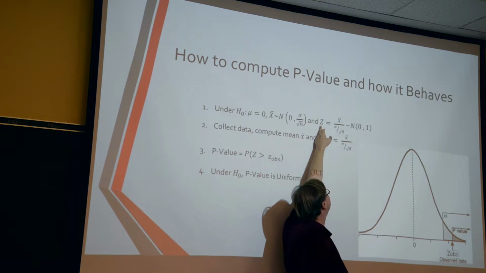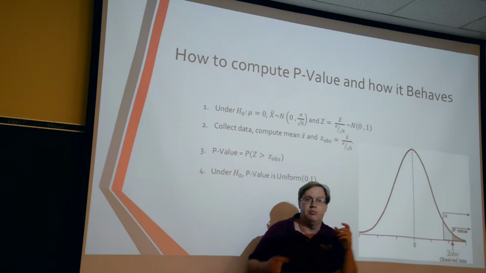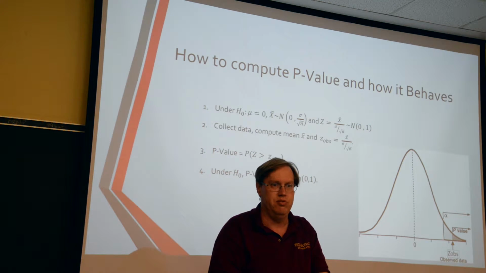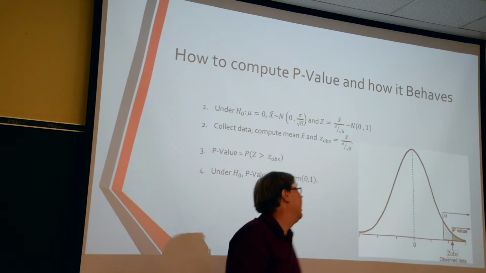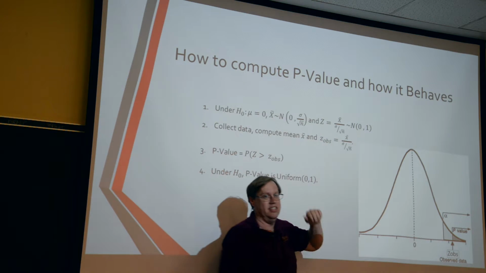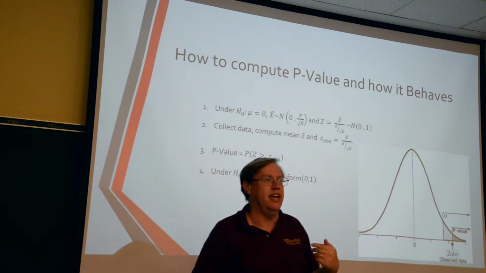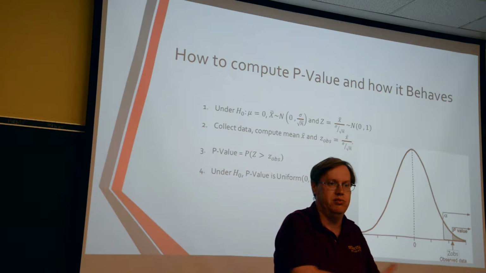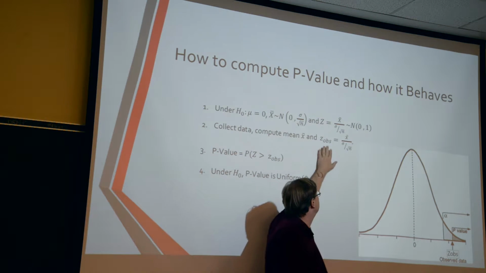So the difference between z and z observed is that z observed is after I've collected the data, I can compute this actual number. And the z above is this process of saying, you go out and collect the data, and when you do that, that thing will have a normal distribution. So this one is the actual number.